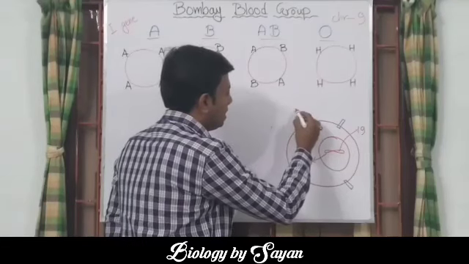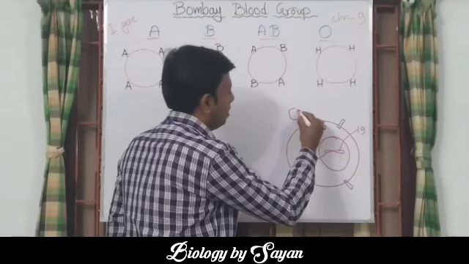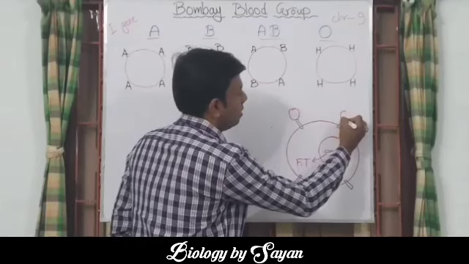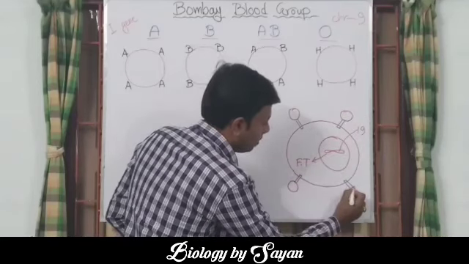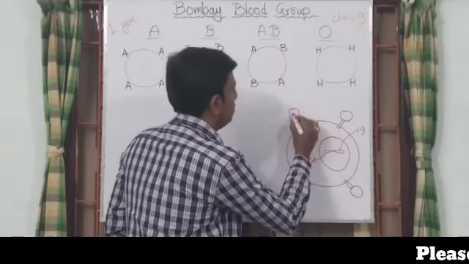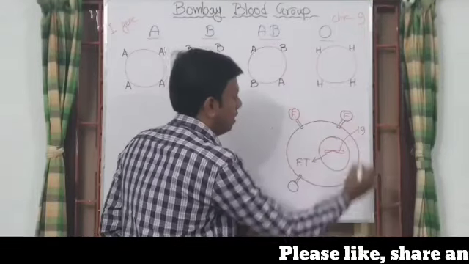So the fucosyltransferase enzyme helps to transfer a monosaccharide unit known as fucose on top of this pre-existing oligosaccharide structure. So these are the fucose molecules.